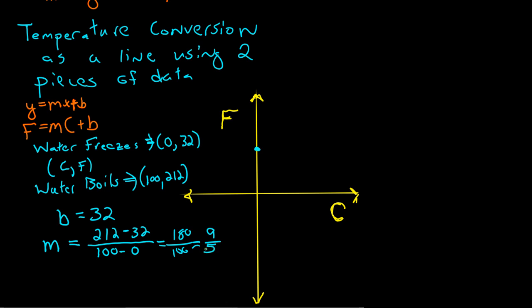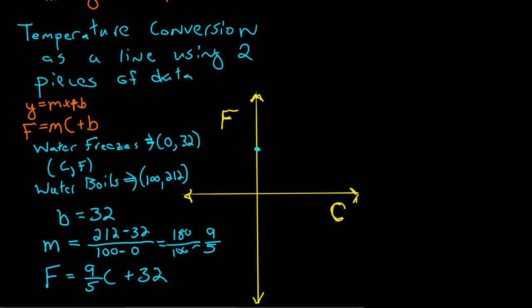All right, divide that by 20, you get 9. Divide that by 20, you get 5. So I can put together, using this format, Fahrenheit equals 9/5 Celsius plus 32. And we get the conversion from one temperature to another.